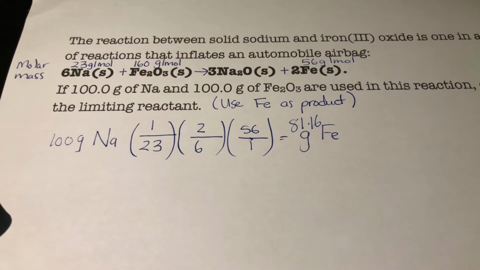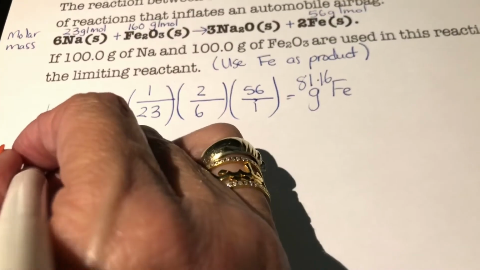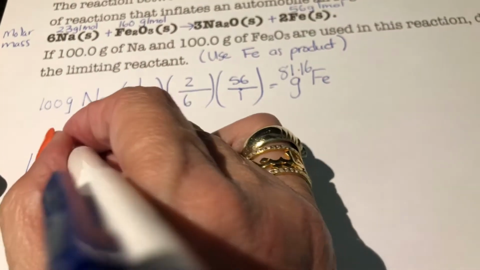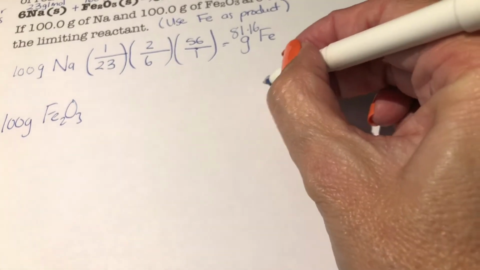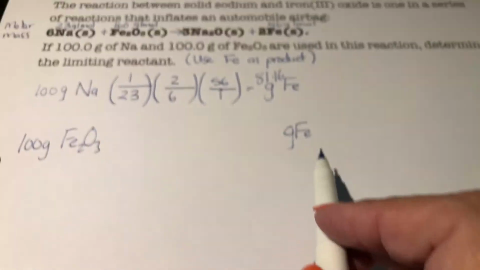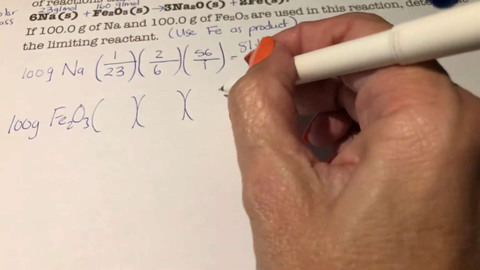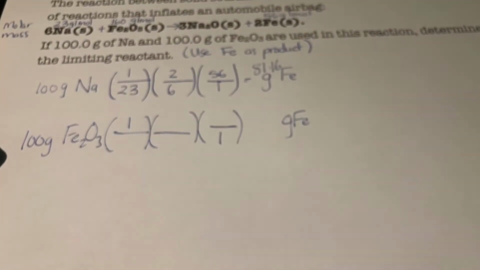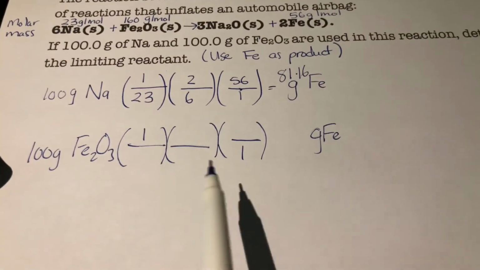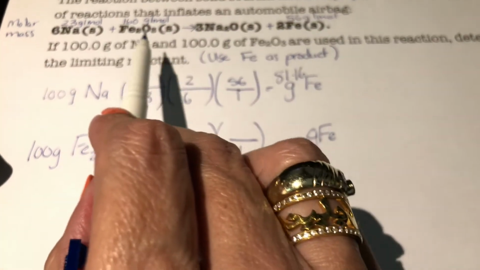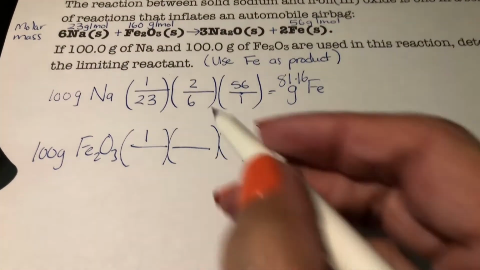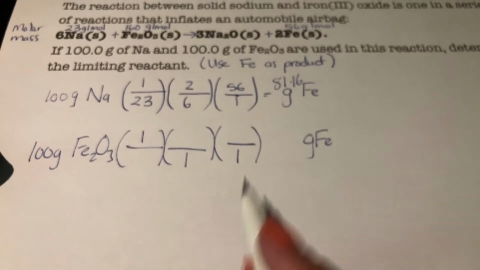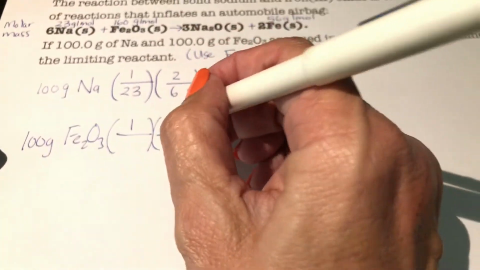I now go and do the same for the iron oxide. I've got 100 grams of iron oxide, and I want to know the grams of iron. So I'm going mass to mass. Again, I need 3 conversion factors. One on the top there and one at the bottom here. In the middle, I'm now going to put my ratio, and now I'm working with iron oxide. So I go to iron oxide and I see it is 1. And iron, as we've already seen, is a 2 on the top.